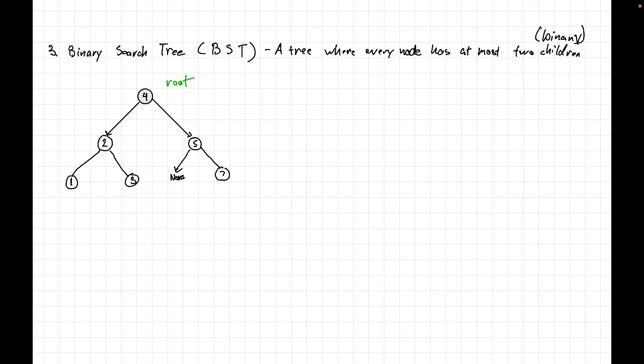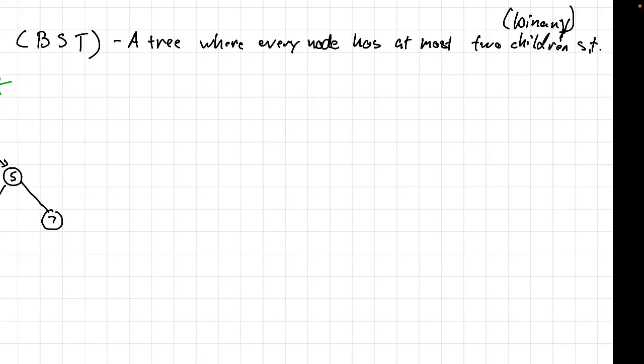And there are 3 properties about this. I'll abbreviate search tree as ST for short. The 3 properties are: 1, the node's left value, so I'm using this dot notation to shorten it. If you look at a node, it has a pointer going to the left.